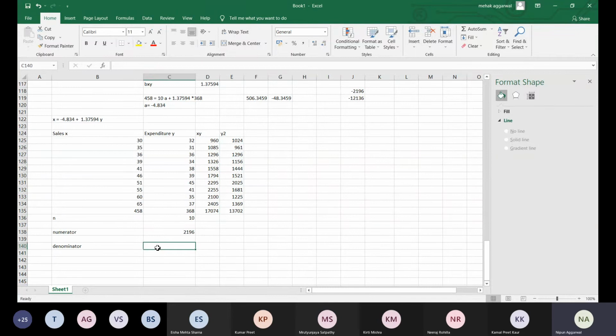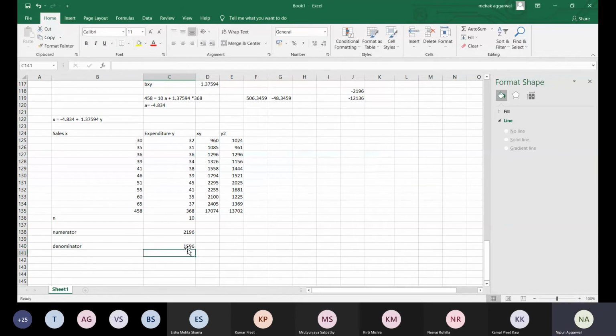Now the denominator comes to be n into summation y square minus summation y raised to the power 2.